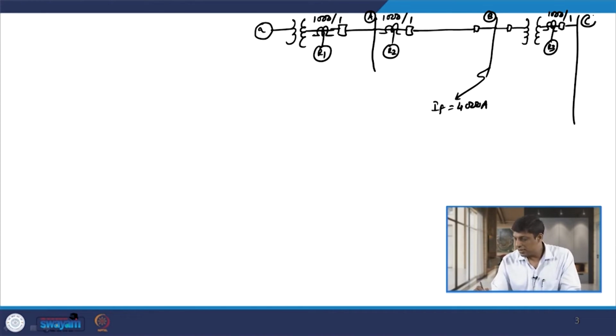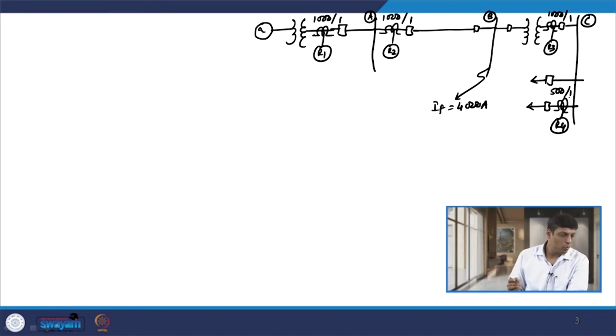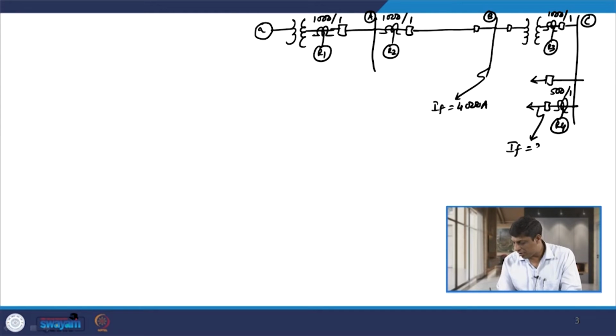This is your bus C, and with this bus you have the feeder connected, multiple feeders are connected at this bus, and here one relay R4 is given, whose CT ratio is 500 by 1, and the fault current immediately after this relay R4 is given as 2000 ampere.